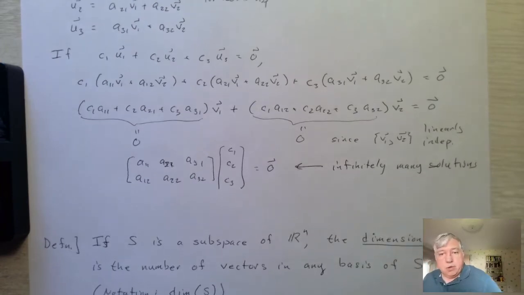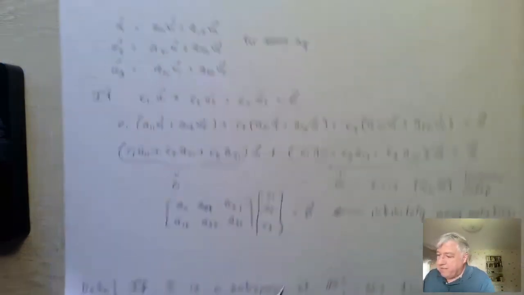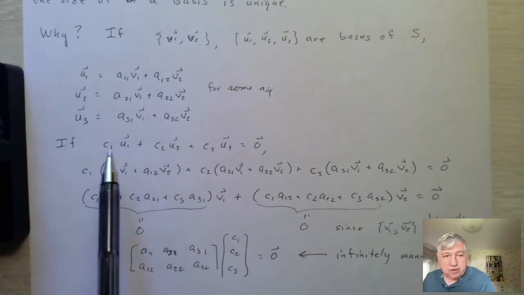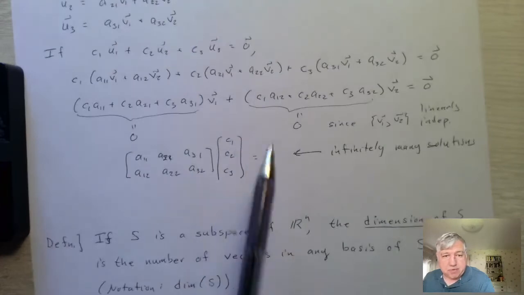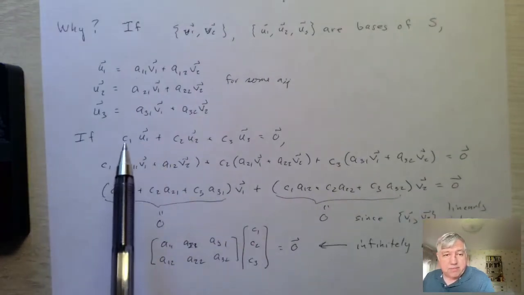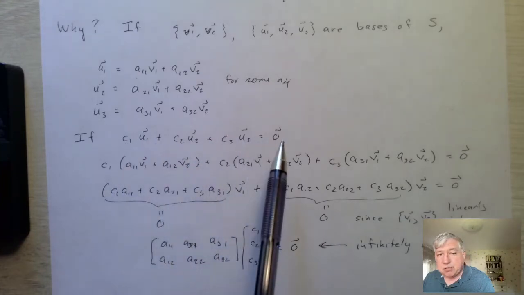Okay. Well, why is that a problem? Well, that means that we can find some non-trivial solution, and that means we get some non-trivial linear combination of the u's equal to 0.